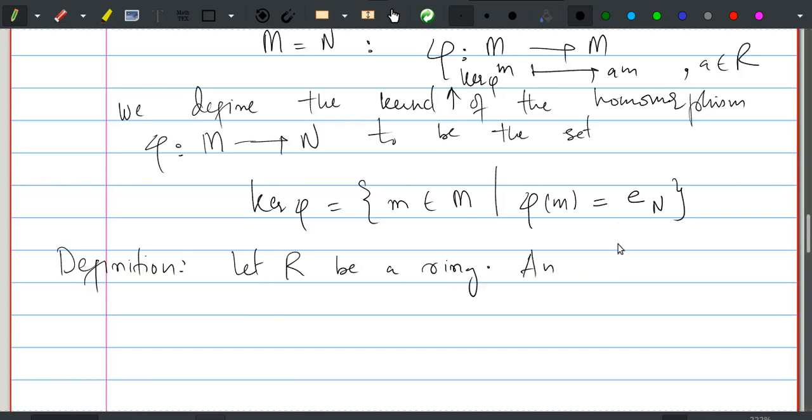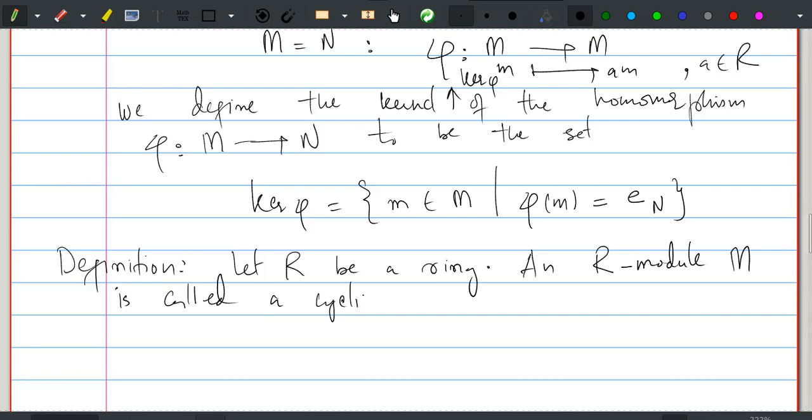An R module M is called a cyclic module if M is actually Rx.